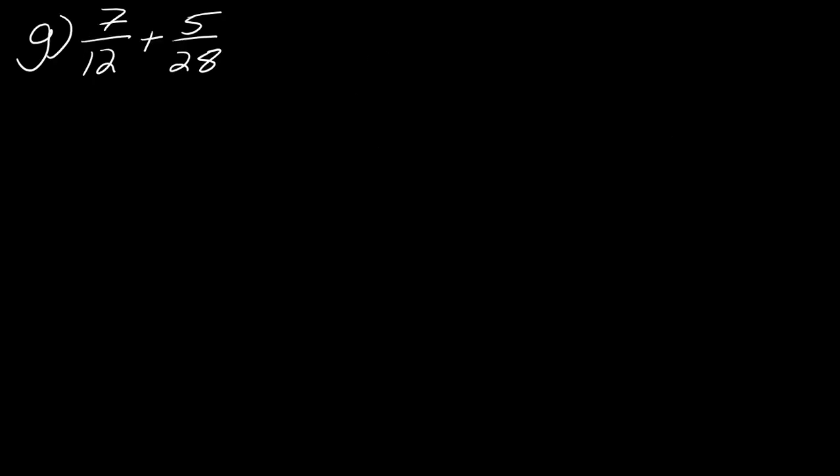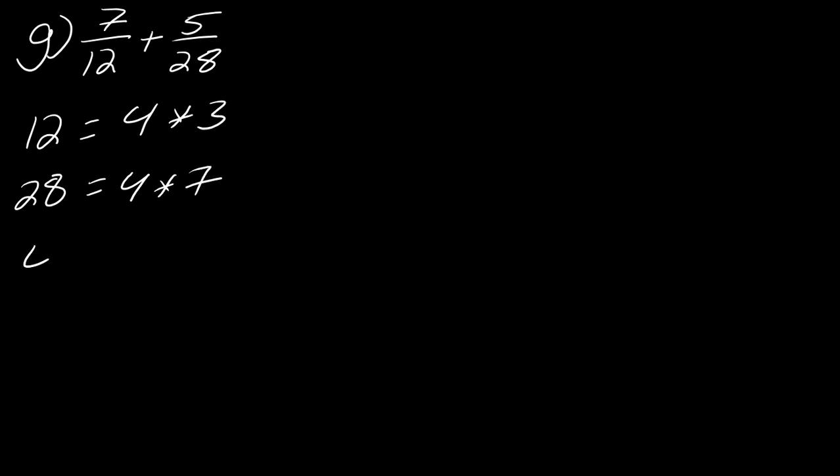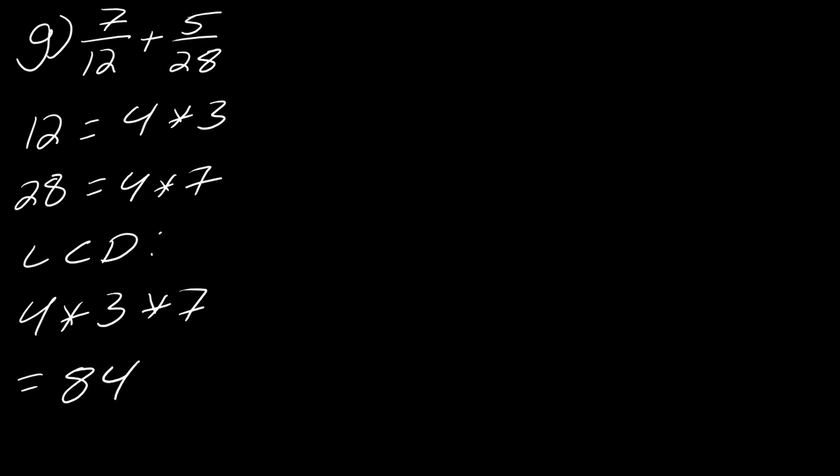Okay, now we've got 7 over 12 plus 5 over 28. So 12 and 28, what is the largest number that goes into both of these? I would say 4. So 12 is 4 times 3, 28 is 4 times 7. My LCD will be 4 times 3 times 7, so that equals 84.